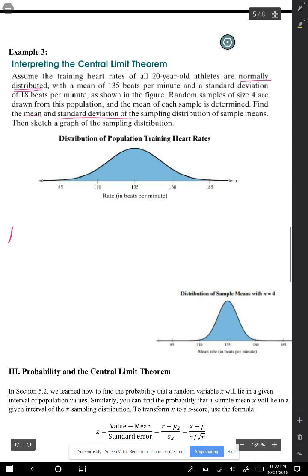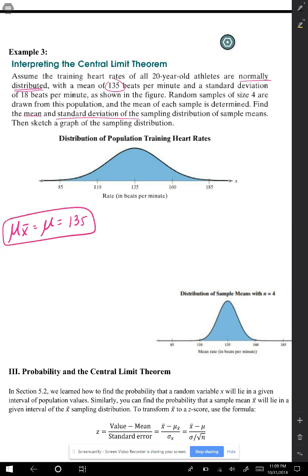So once again, the mean of the sample means is equal to the mean of the population, and they told us that the mean was 135 beats per minute. And that's all you have to do on that one. The standard deviation of the sample means is equal to the standard deviation of the population divided by the square root of the sample size.